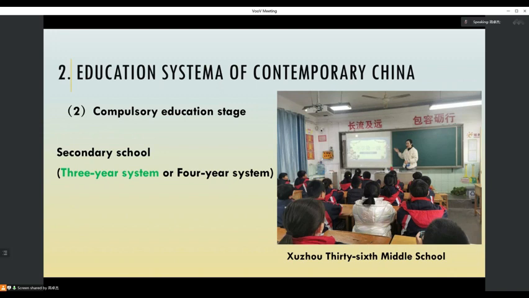But for Chinese students, it is difficult to enter a high school because after 3 years in secondary school, students must take an examination, and this examination is named 中考. 考 means examination, 中 middle.